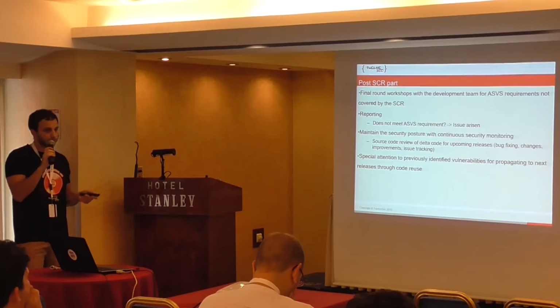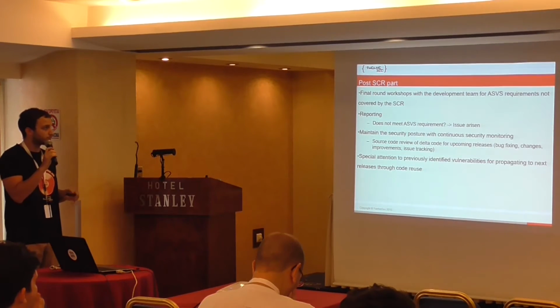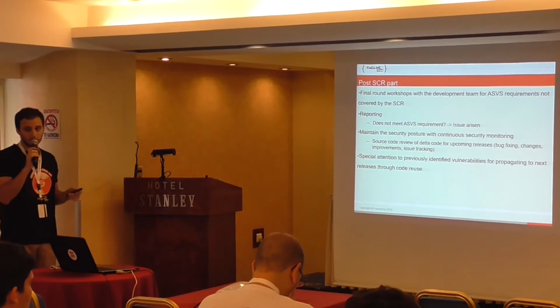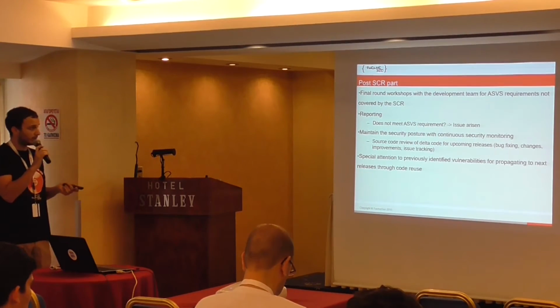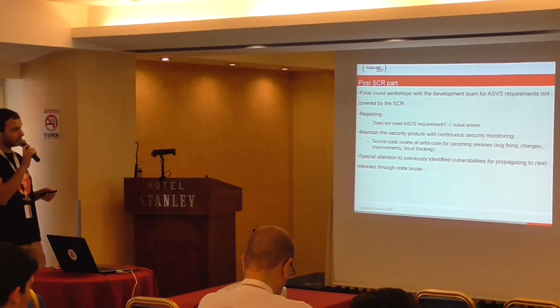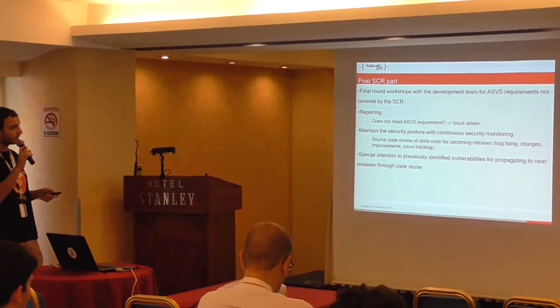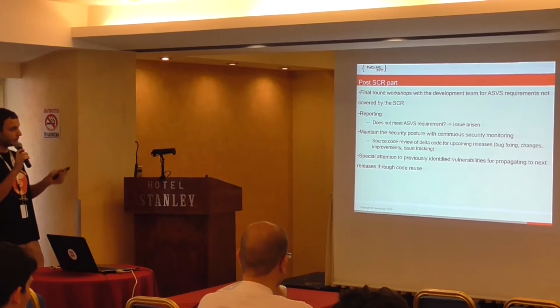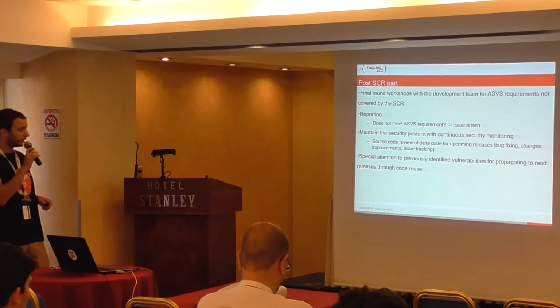For the post-source code review process, there are also final round workshops with the development team just to make sure that everything is covered and every issue is verified. Anything that is not verified beforehand and does not meet the ASVS requirement is an issue for the report, and this should also be documented in level 3.